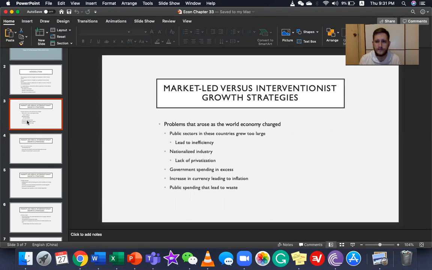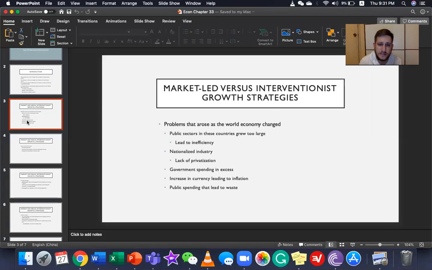In the last chapter, 32, with the IMF material, we talked about how economies since the 70s have been making a shift away from the public sector holding things and moving into private hands.